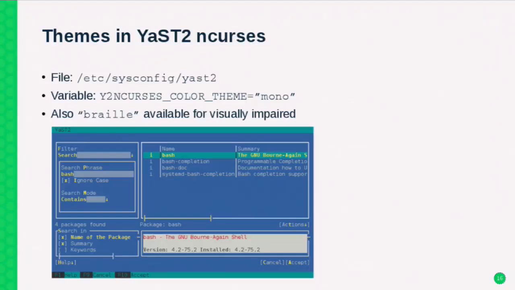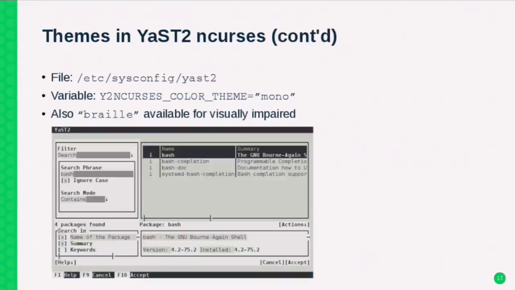There's a configuration file, /etc/sysconfig/YaST2, and there's a configuration setting, and you can, for example, set it to mono, and then YaST will look like that. And there's even an option to set it to Braille. That's this Braille line on the keyboard for blind people. And then these frames or borders will be removed, so they are not confused by weird borders on the Braille line.